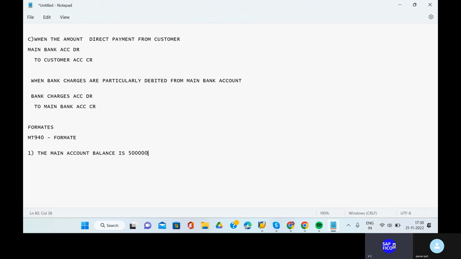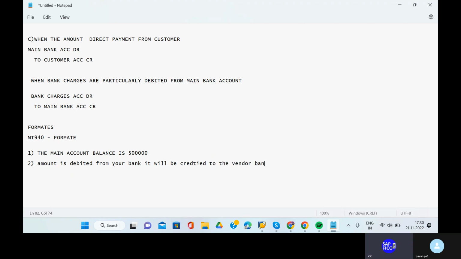The second point: amount is debited from your bank, and it will be credited to the vendor bank account.